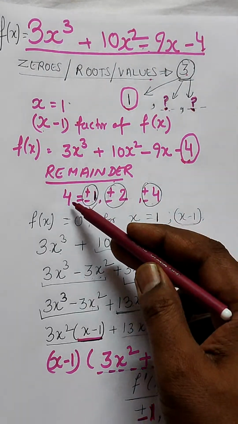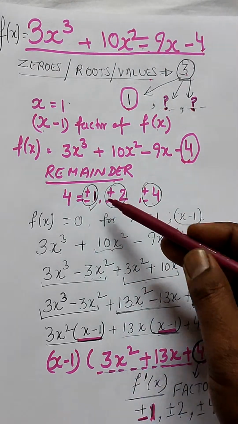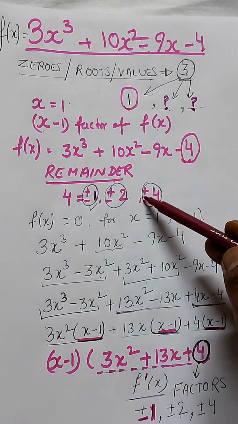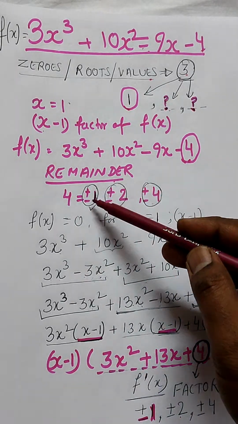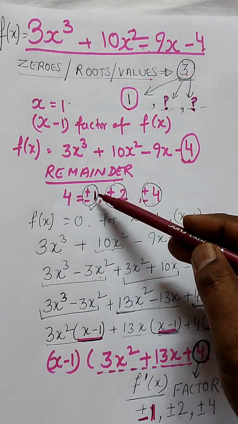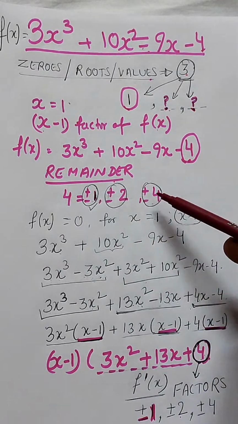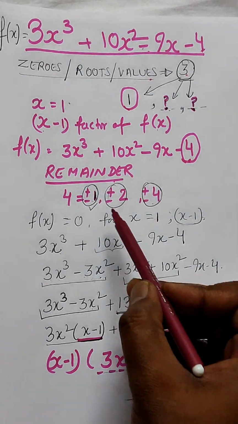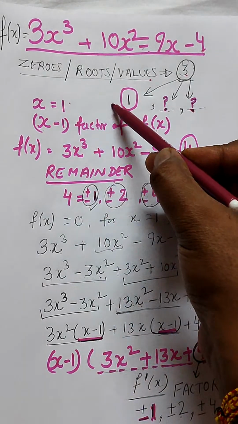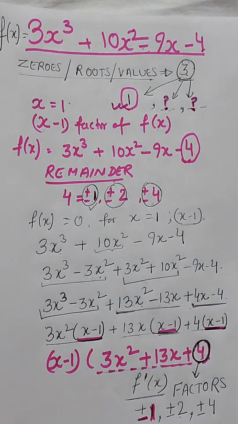So we derived the factors of 4, that is plus minus 1, plus minus 2 and plus minus 4. So for these 6 numbers, plus 1, minus 1, plus 2, minus 2, plus 4, minus 4, since x equal to 1 is already given to you, this will be one of the factors.